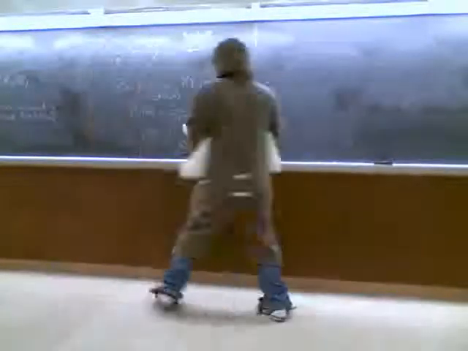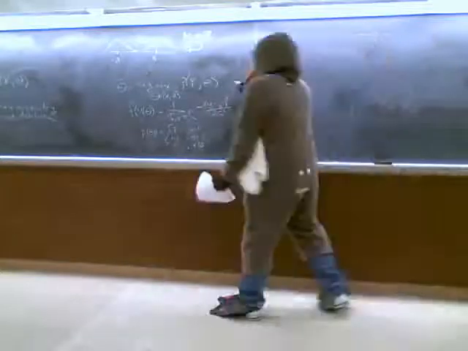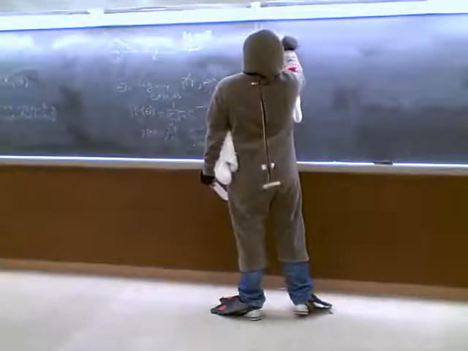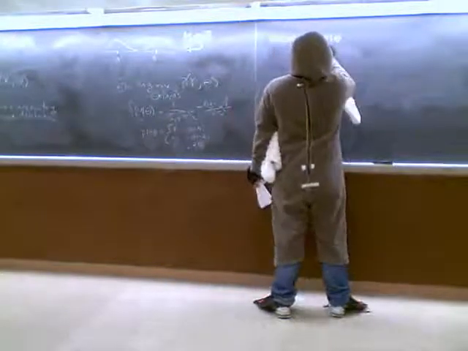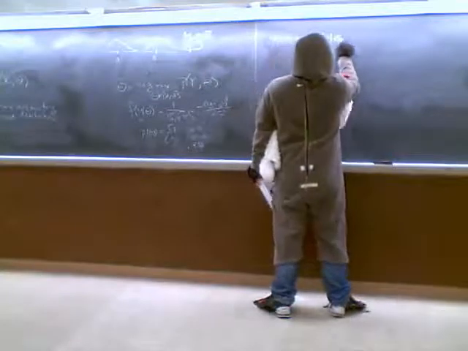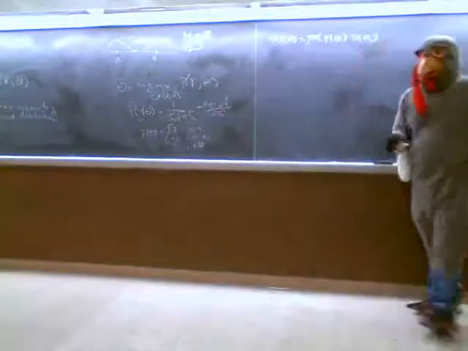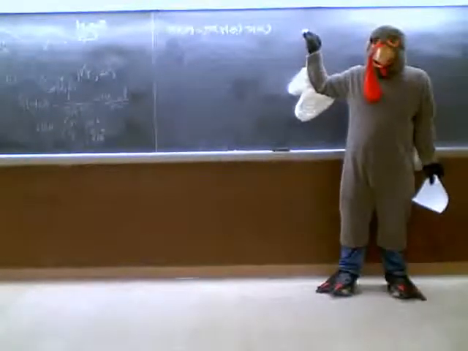The joint distribution, by total probability, can be rewritten as the probability of y given theta, summed over all the theta sub i, times the marginal of theta.